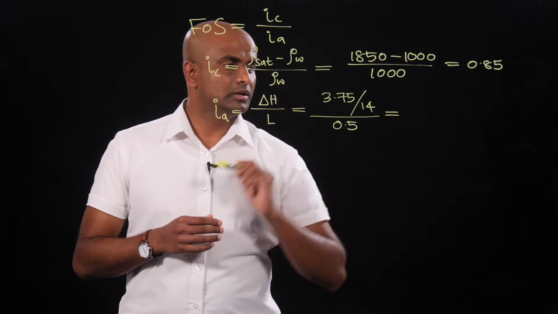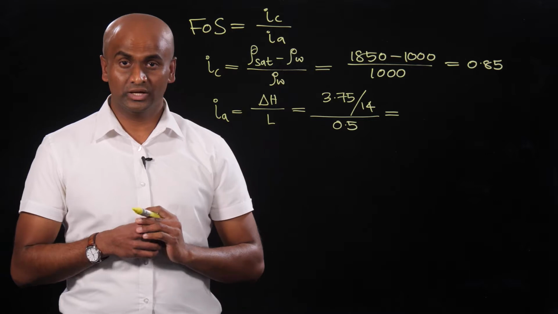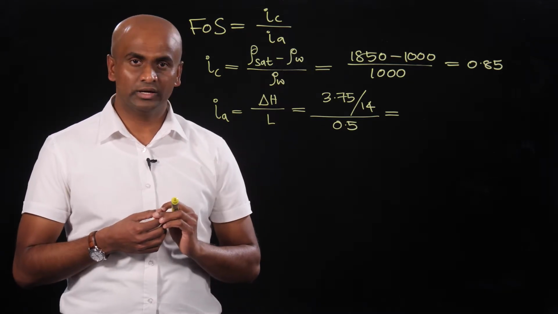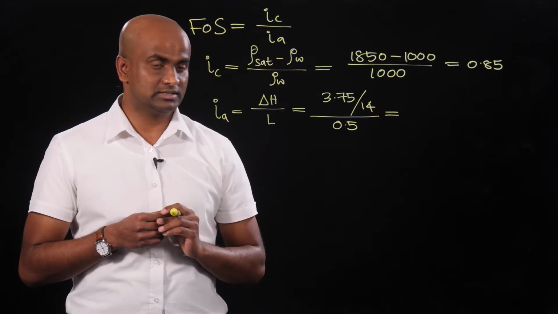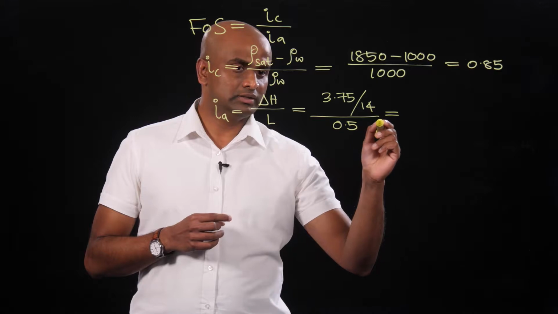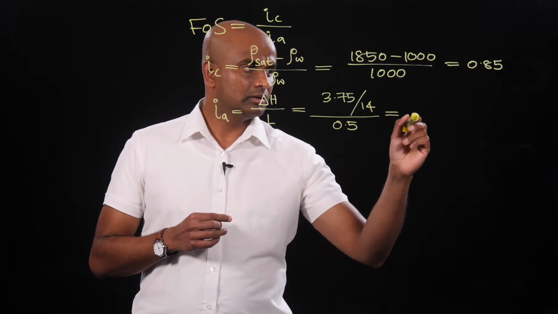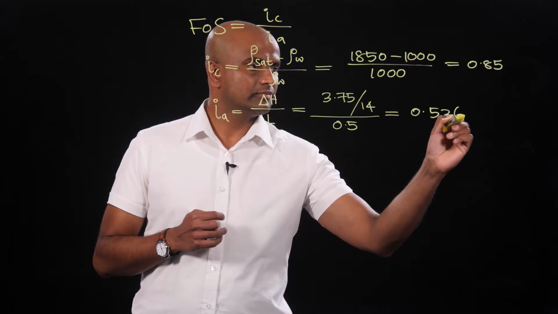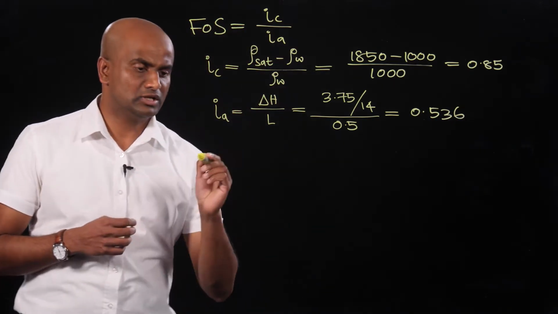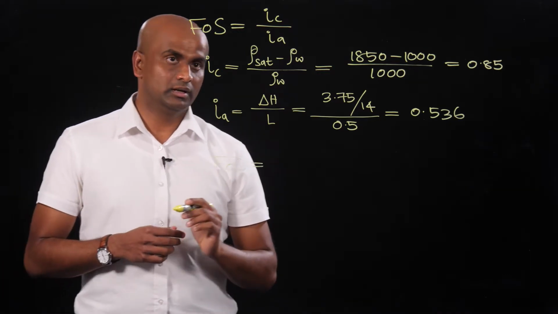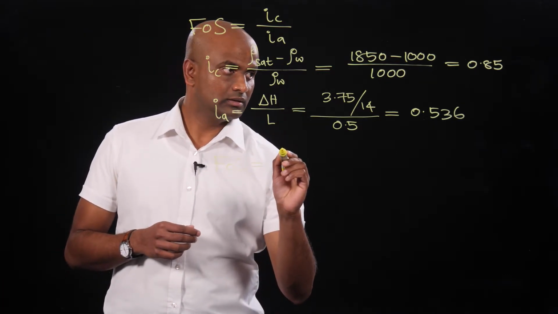Since these kinds of flow net diagrams are scale diagrams, you can simply measure it with your ruler and then scale it up to the correct scale. And now your actual hydraulic gradient will be 0.536.